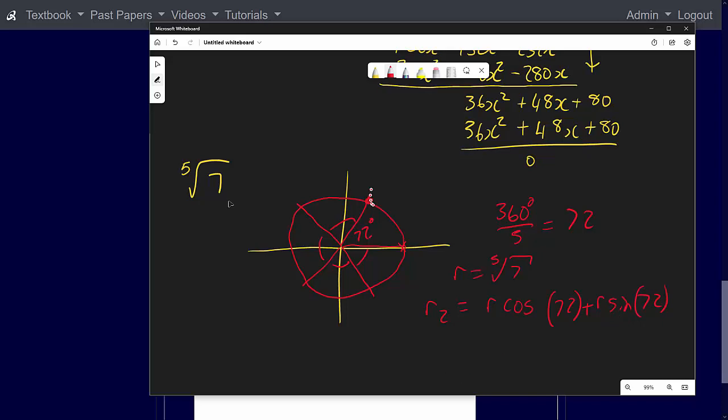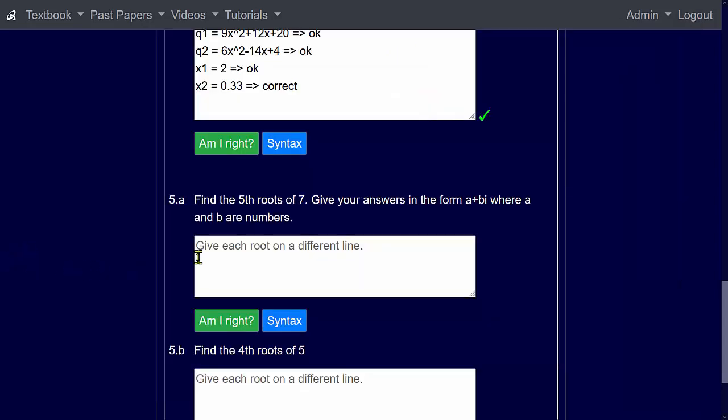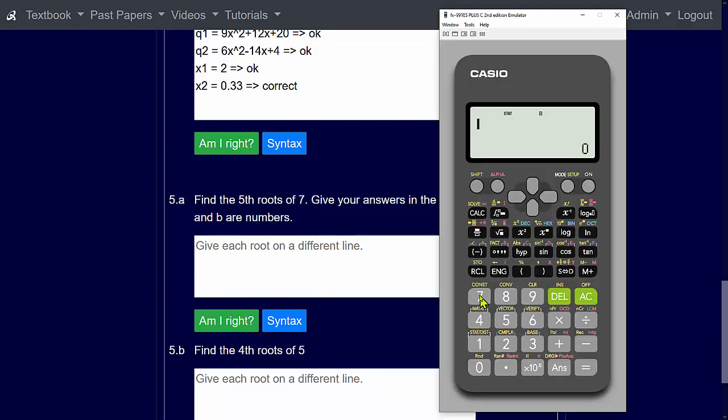Okay, and that's going to be this point here. So I'll just cut to the chase then and say that our first root is, let's have a calculator. We want the fifth root of 7, so it's 7 x to y, and that's going to be 1 divided by 5.